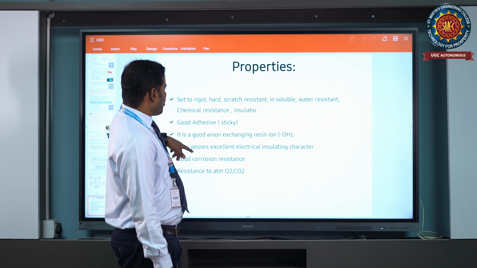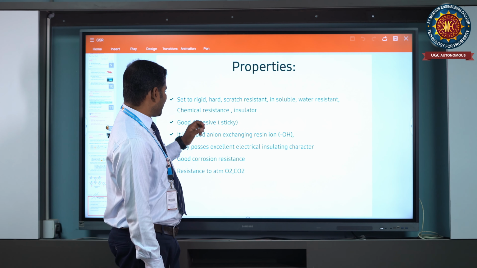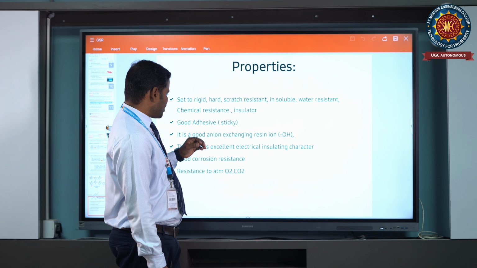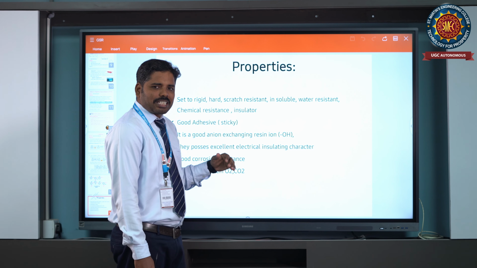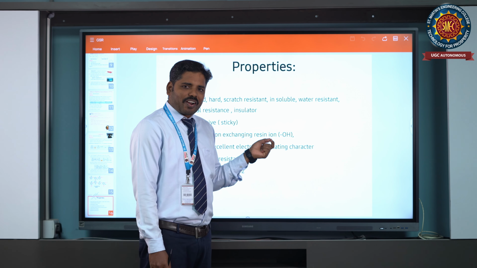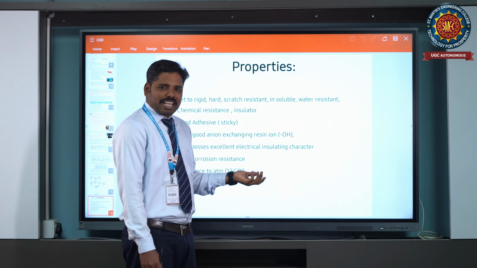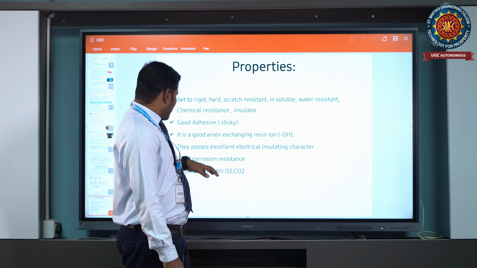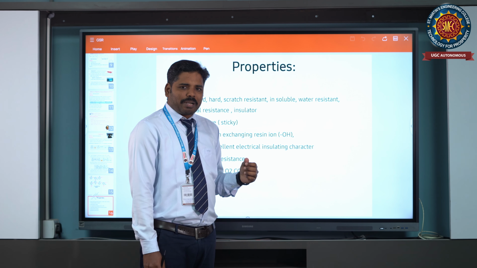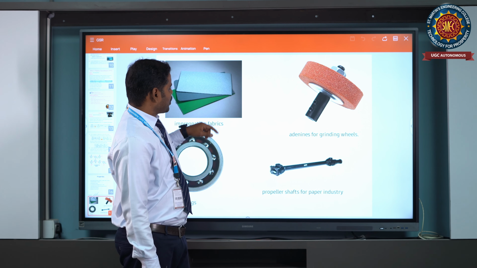Properties of Bakelite: as I already said, it is rigid and hard. Second, sticky properties. Third, anion exchange properties, exchanging only anions. It has many applications in water analysis and water treatment technology using resins. They are also excellent electrical insulating materials. This is a great application for Bakelite.